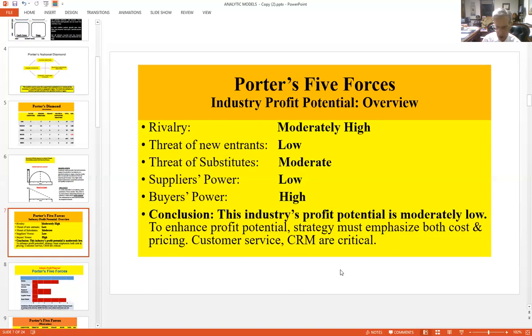I won't get into those problems too much right now because we just don't have time for it. But for your information, when the threat of substitutes is high, the substitute product can put a limit on your industry's pricing.